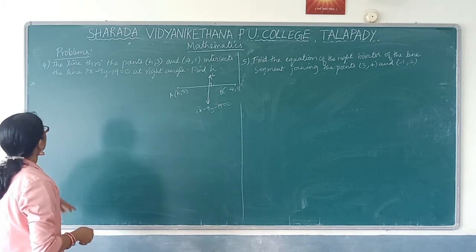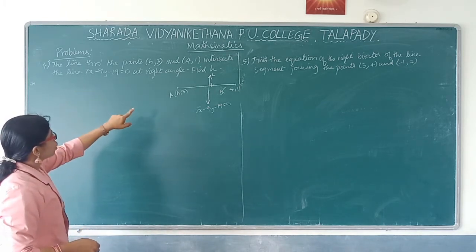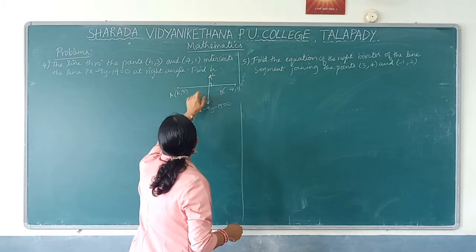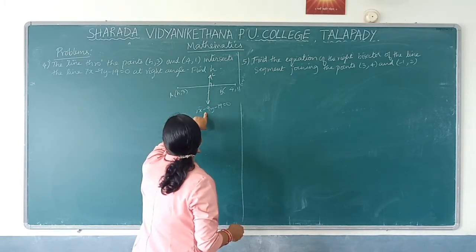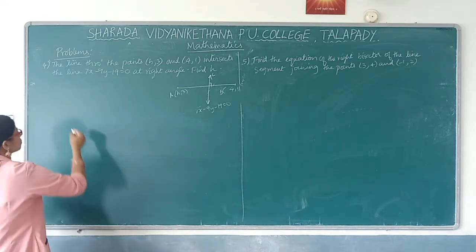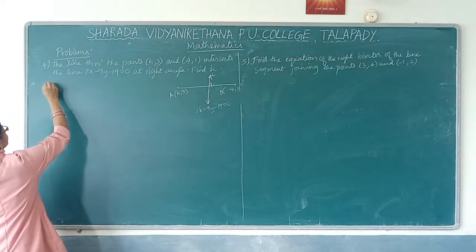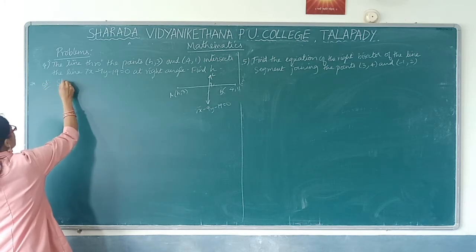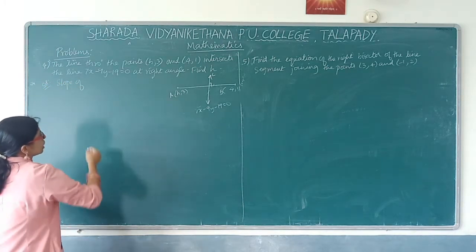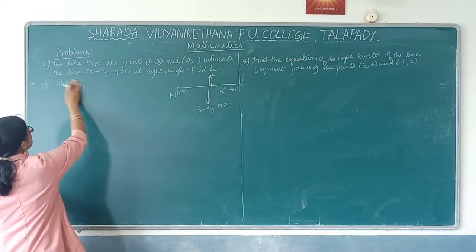Okay. So the line through the points h, 3 and 4, 1 intersects this line at right angles. Find the value of h. First we will find the slope. Solution: slope of AB. Let us first name the points.